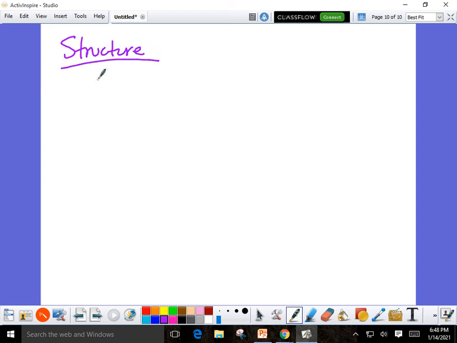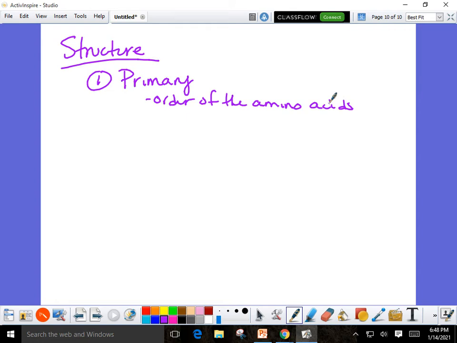First level is primary structure. So this is the order of the amino acids. Is there a glycine next to methionine or something like that?